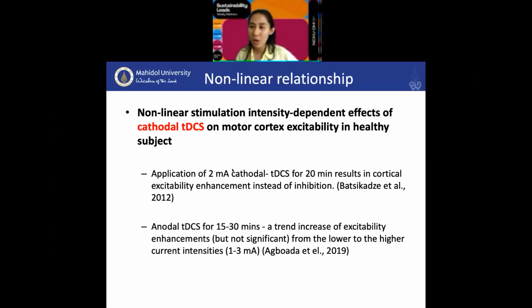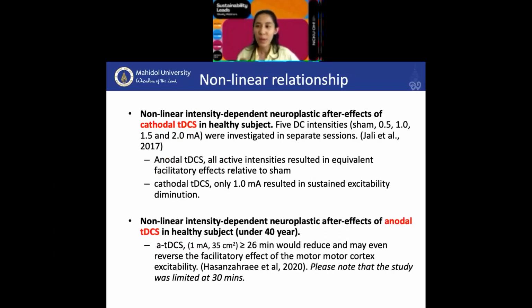But for anode, what they found is that with current intensity from 1 to 3 milliampere, you can induce an enhancement of cortical excitability. It's still linear. But something needs to be noted, so have a look at the second one.